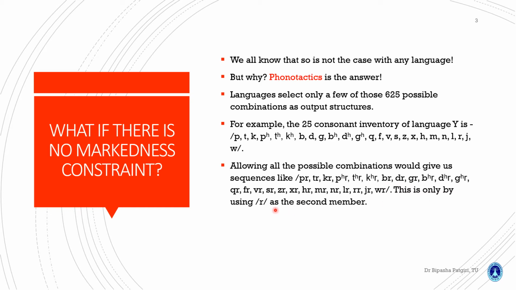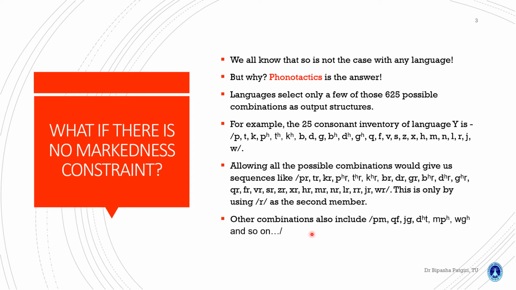This is only by using ra as the second member. If you want to have another sound, let's say la, let's say sa, you will have another 25. That is how the inventory is so big that it becomes 625 possible combinations. Some other combinations also include pa, ma, ka, fa, ya, ga, dha, ta, ma, fa, etc.